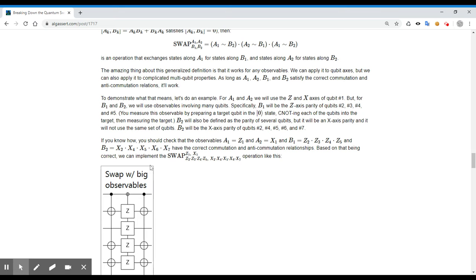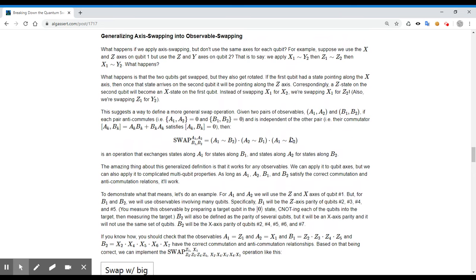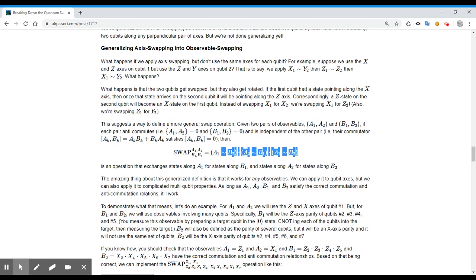I'm a bit lost. So Z and X axis, that's kind of the definition here. A1, B2, A2, B1, A1, B2.